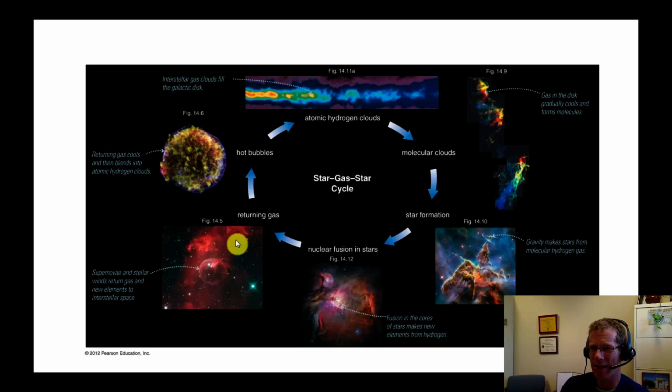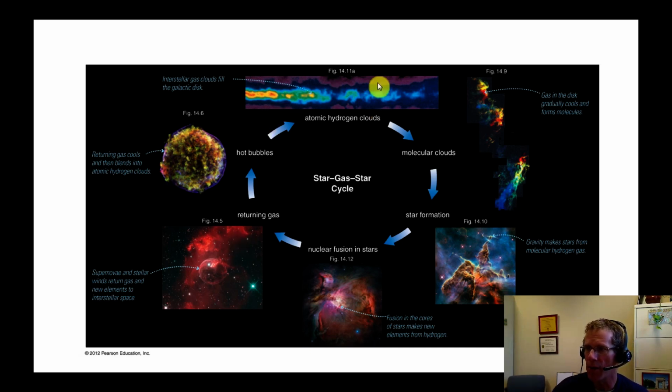So, galaxy formation. You remember the circle of life from The Lion King. There's sort of a circle of life with galaxies and stars as well, and that thing is called the star-gas-star cycle. And since it's a cycle, it could start anywhere.